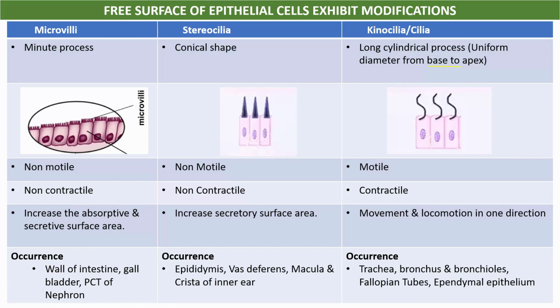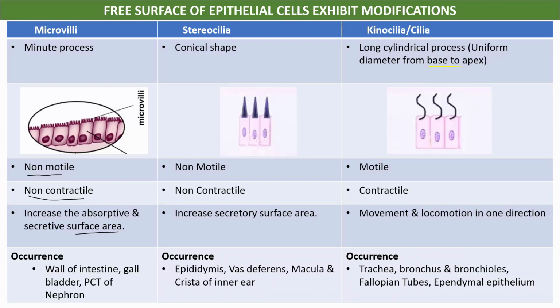Here you can see the diagrammatic representation of microvilli, stereocilia, and kinocilia. In microvilli, you can see the villi present on the apical surface of the epithelial cells. The microvilli are non-motile, non-contractile, and they increase the absorptive and secretive surface area.